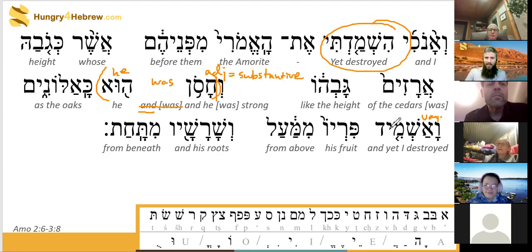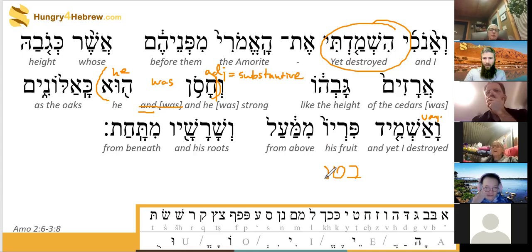And I destroyed piryo. What is the root of piryo? Para, fruit. Think of other words that have a chirik in them with a pronominal suffix, like beto. Same pattern. So that's probably originally a seglet.